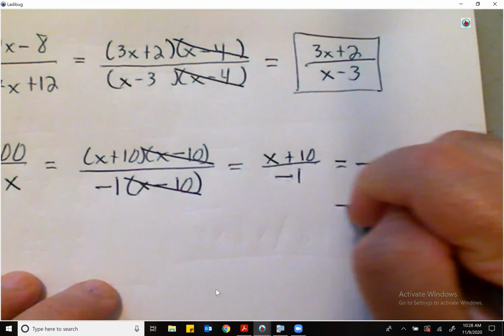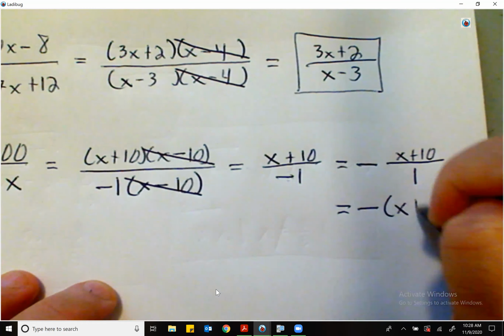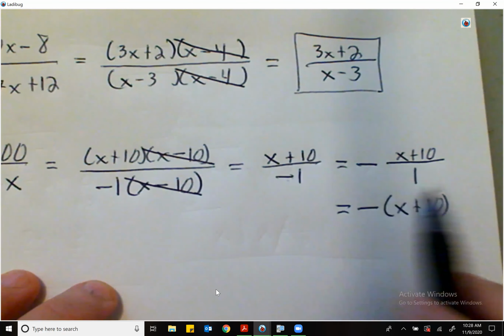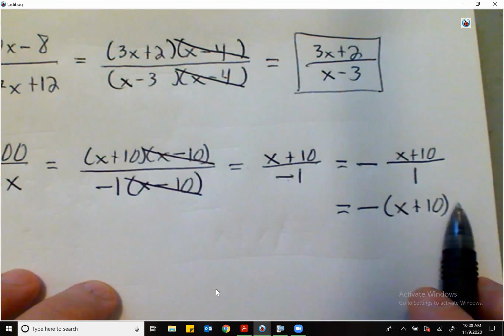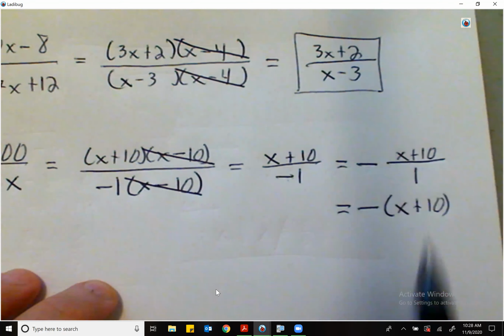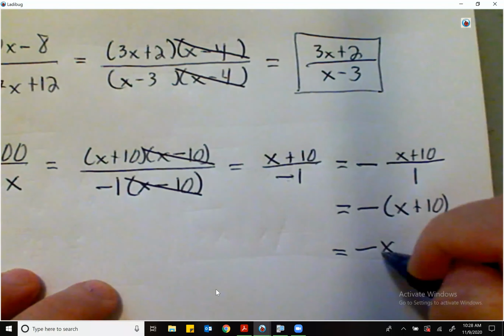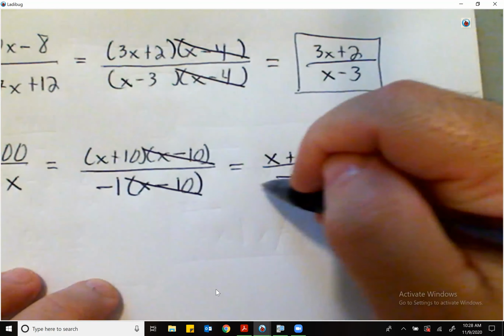So another way to write this answer would be a negative parenthesis x plus 10. Or the other thing you could have done is taken the negative through the entire numerator and had negative x minus 10 as the final answer. So technically all of these are correct.